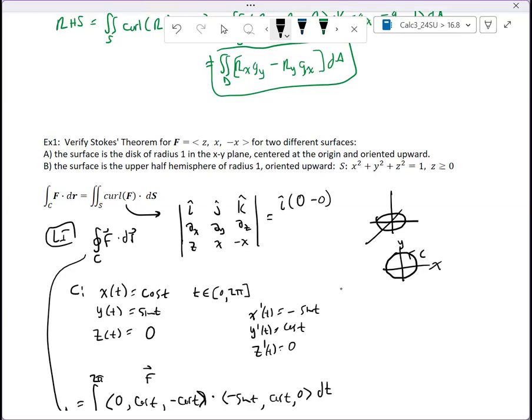So no contribution for the i component. j times partial with respect to z of z is 1, minus j times partial with respect to x of minus x is minus 1. And for our k component, we have k times partial with respect to x of x is 1, minus k times partial with respect to y of z is 0. So my curl is 0, 2, 1.